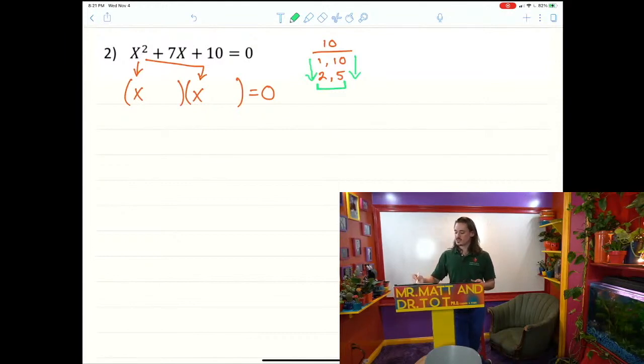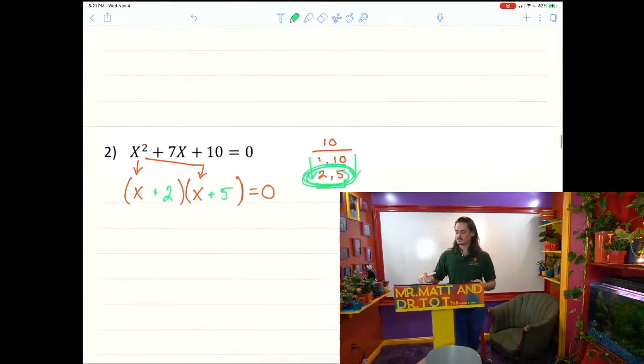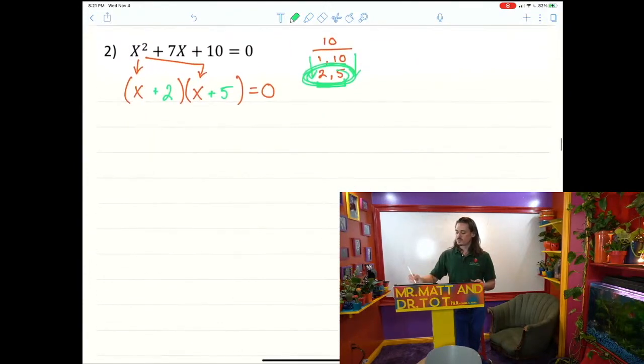So here, notice that 2 plus 5 will give you 7. So I'm going to say x plus 2, x plus 5. Oops, sorry. And also remember that we could FOIL here to check that we did this correctly. First times first would be x times x. Outer times outer would be x times 5.